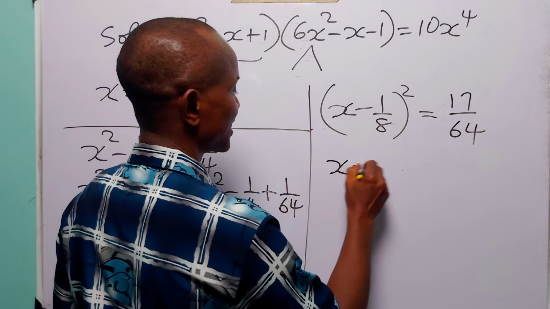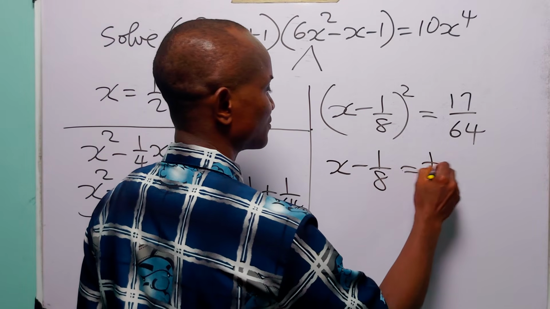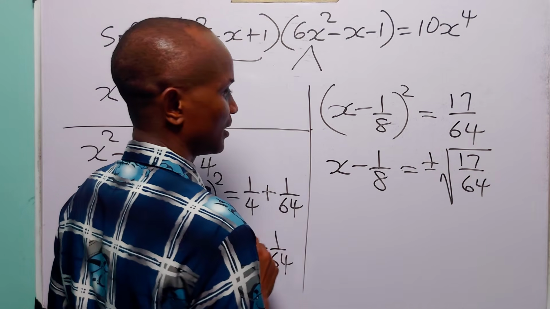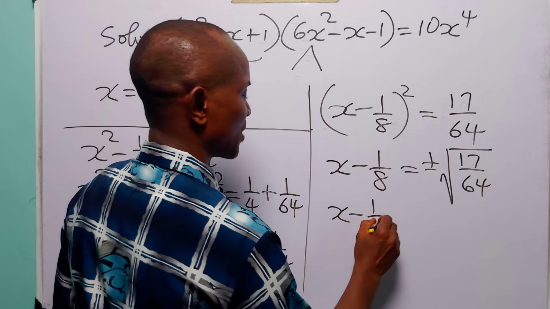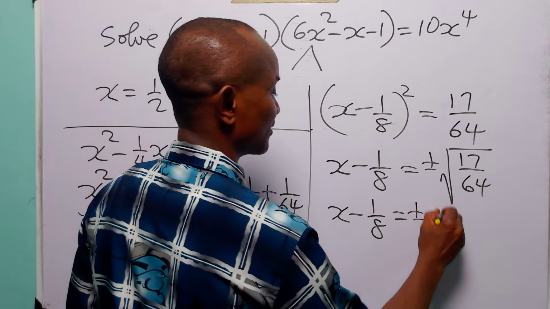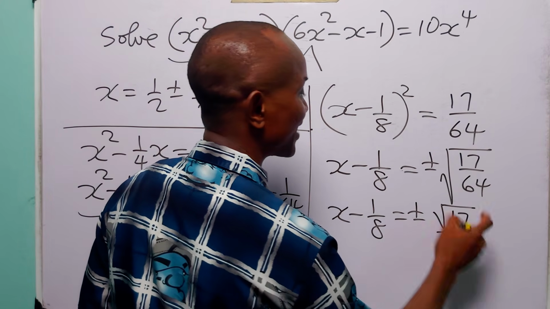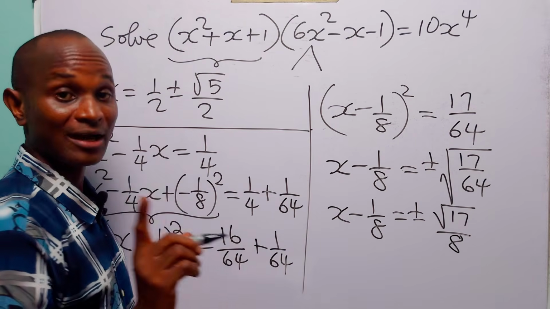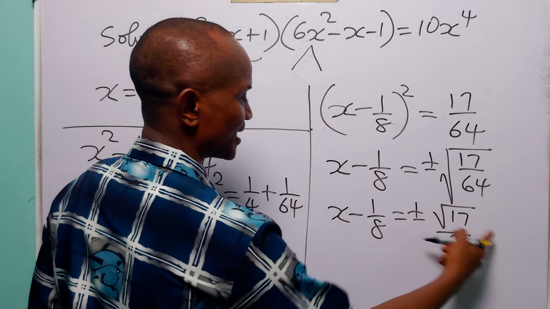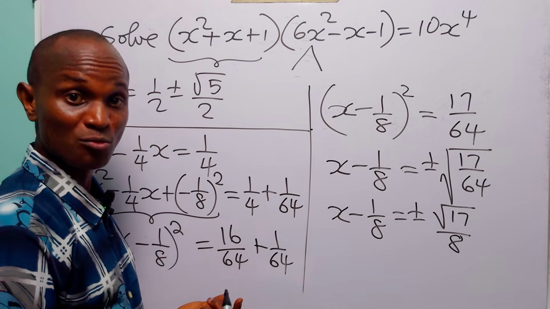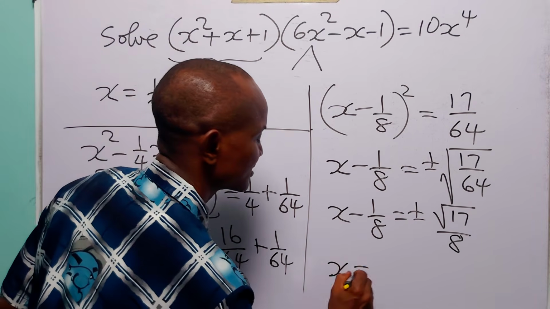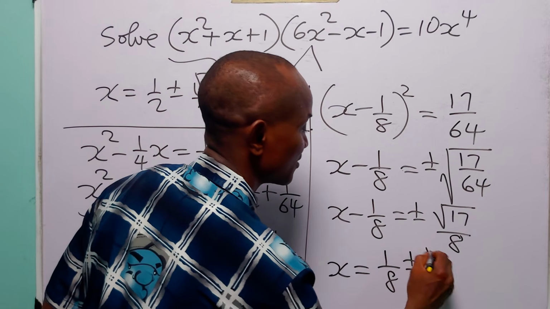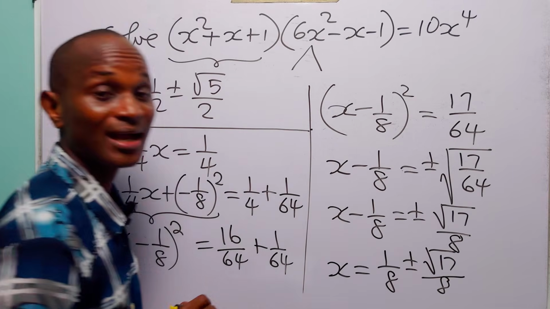When we do that, we have that x minus 1 over 8 is equal to plus or minus the square root of 17 over 64. Now, this is plus or minus the square root of 17 divided by the square root of 64, which of course is equal to 8. And finally, when we add 1 over 8 to both sides of this equation, we have two more values for x. We have that x is equal to 1 over 8 plus or minus root 17 over 8.